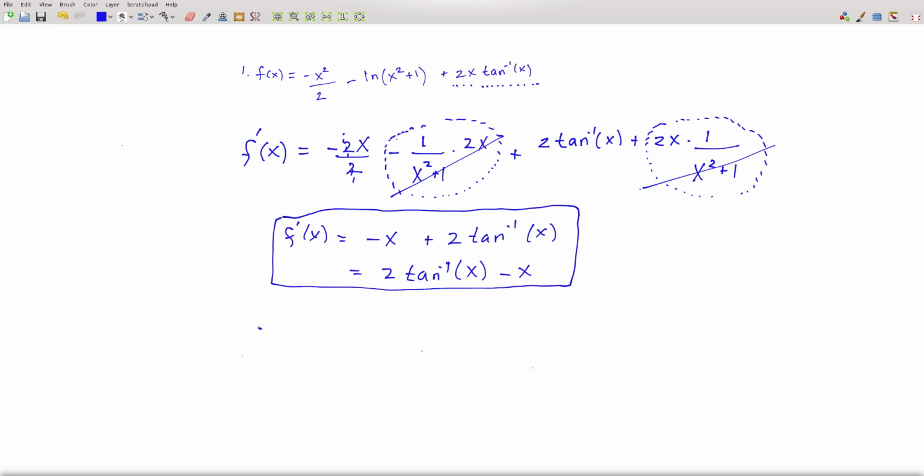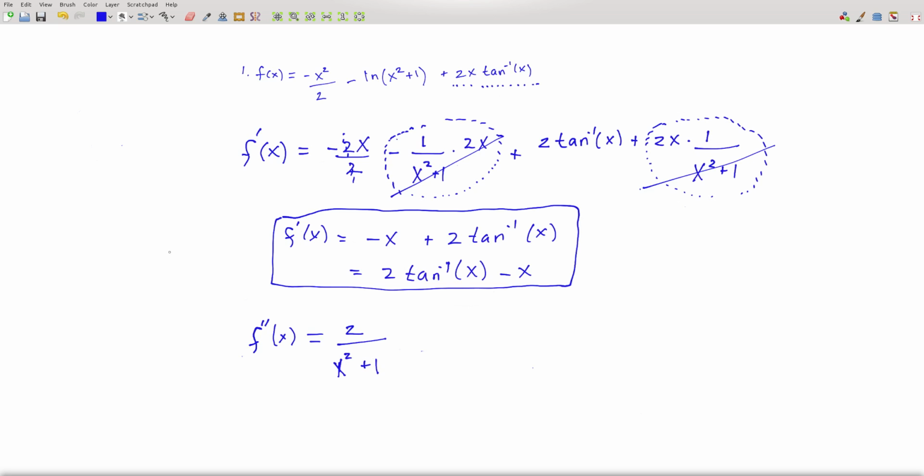But before we move on to doing something else, let's right now find the second derivative. So we're taking the derivative of this derivative, taking the derivative of 2 times the arctangent of x. Well, that is just going to be 2 over x squared plus 1. Now, what is the reason for that?